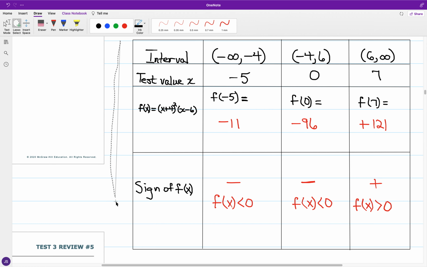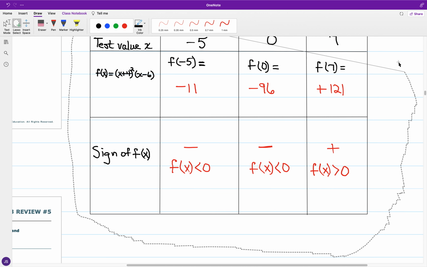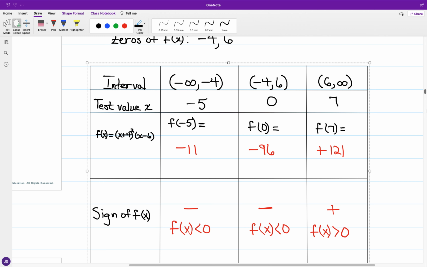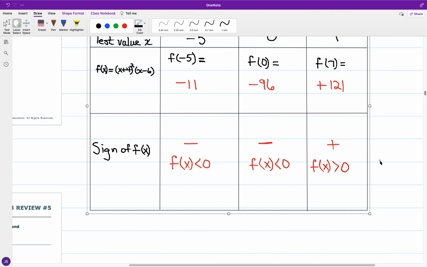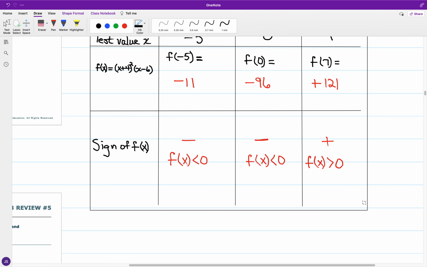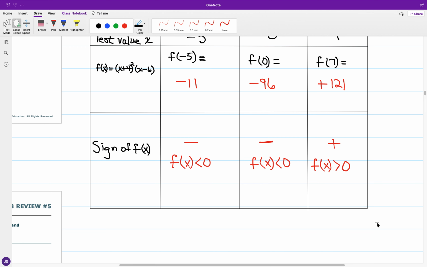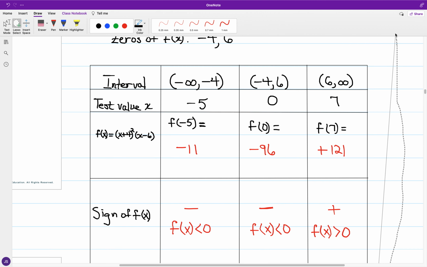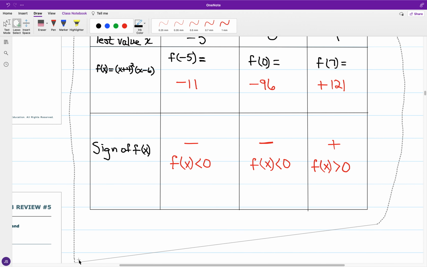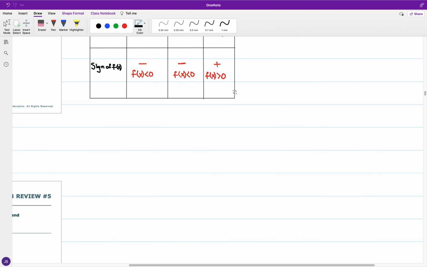And going back to what we have with our inequality, there we go.